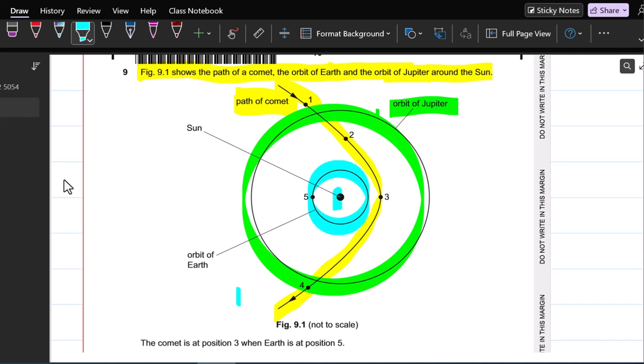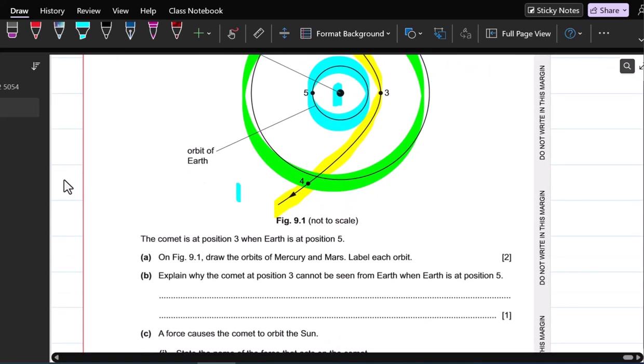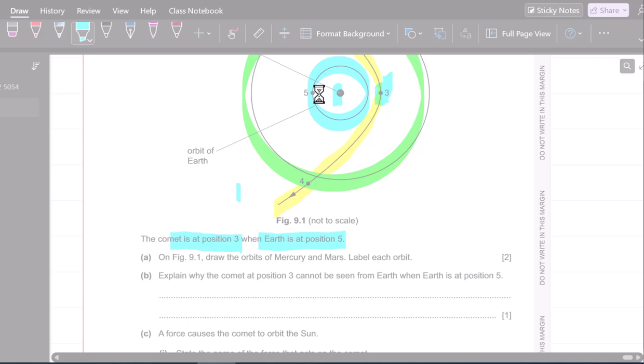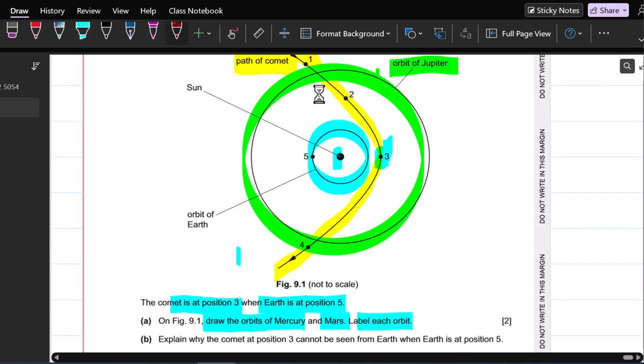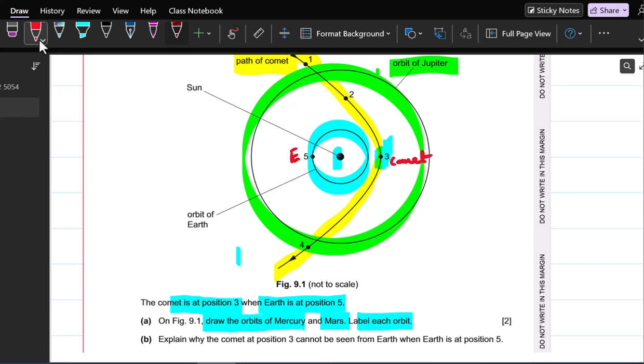So what they are asking: the comet is at position 3 when the Earth is at position 5. So these are the positions. On figure 9.1, draw the orbits of Mercury and Mars, label each orbit. So we have to draw the diagram here. This is Earth. Here we have the comet. You know Mercury is going to be the closest planet to the Sun.